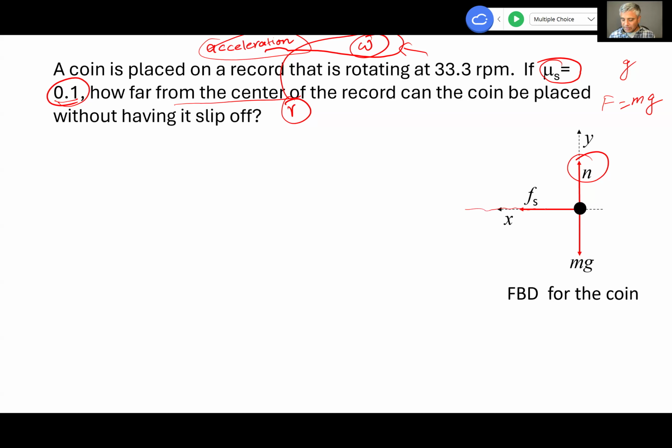And I'm using this as the horizontal x-axis here, y-axis. Or we can say, okay, that is the radial one because this is moving in part of a circle. So we are looking for radius, and it is inside the acceleration equation.